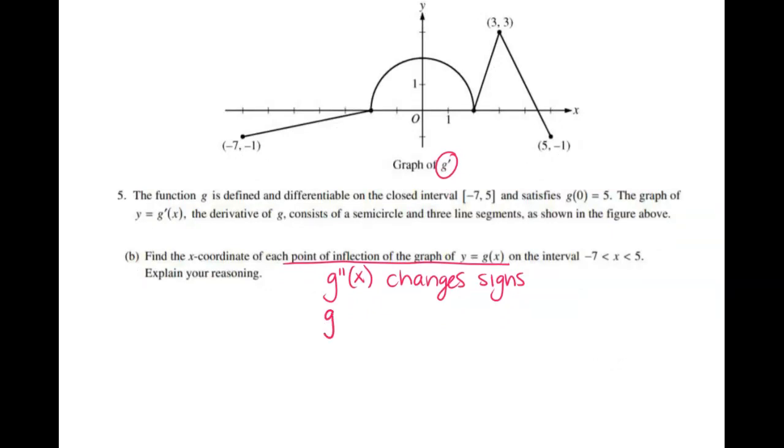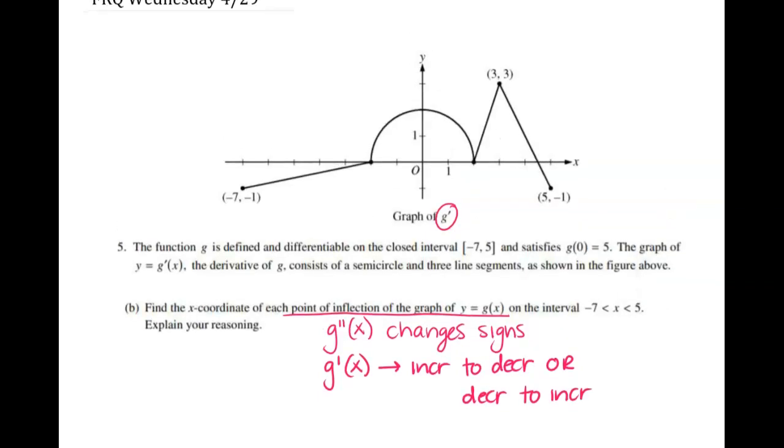So we're looking for when g prime of x goes from increasing to decreasing in terms of a rate of change, or decreasing to increasing, like the slope of the tangent line of g prime. So looking at our graph, let's look at it.